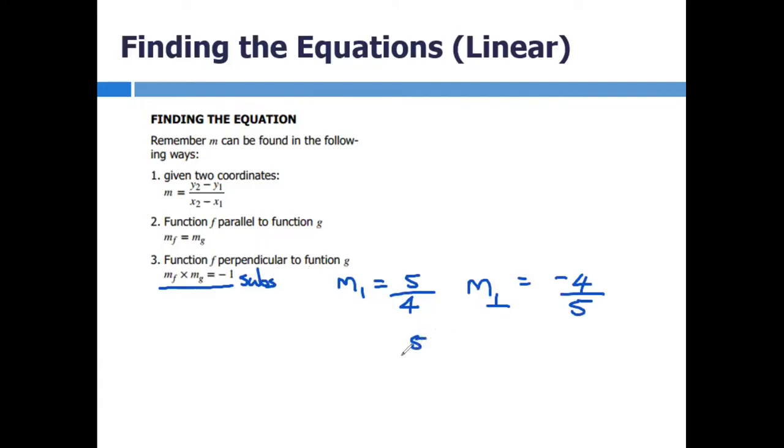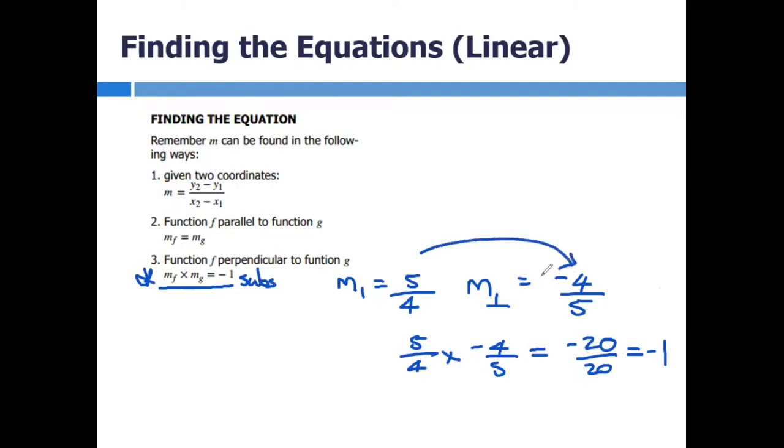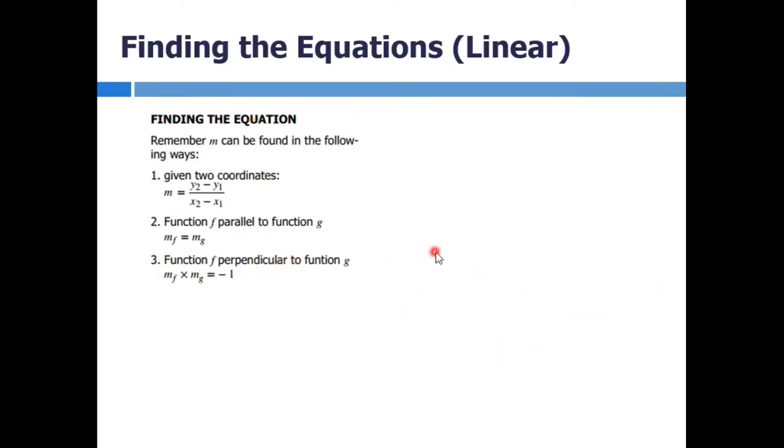I just want to show you, if I go 5/4 and I multiply it by -4/5, I'm going to get an answer of -20/20, which is -1. So every single time, the quick way of getting there, this is the theory. You need to know that to explain yourself about things being perpendicular. But all you have to do to actually get to the perpendicular gradient is you flip it over and you change the sign. Okay, so that's how you can find your gradient for the straight line equation.